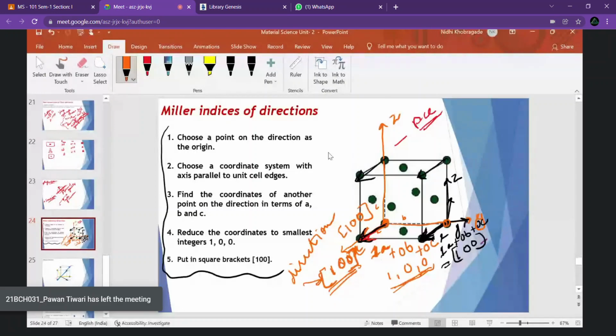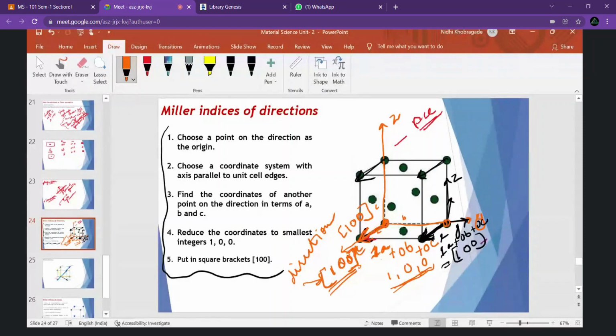Suppose we have chosen this as our origin, and we have identified this particular direction, with the coordinates x, y, and z axis. Here, as it is moving in the positive direction, that is 1a.